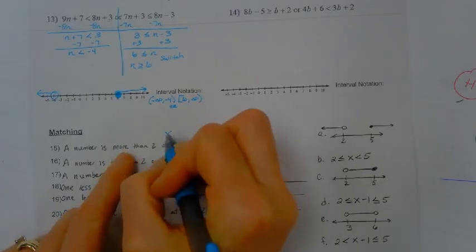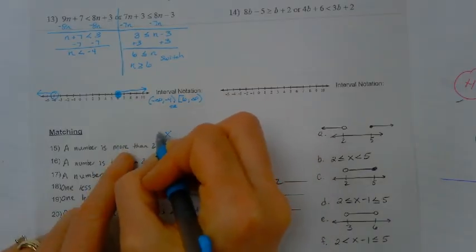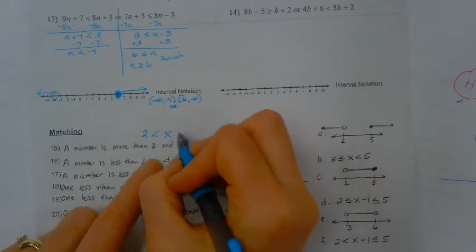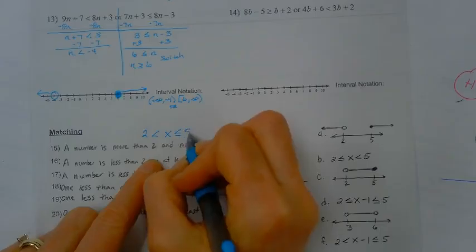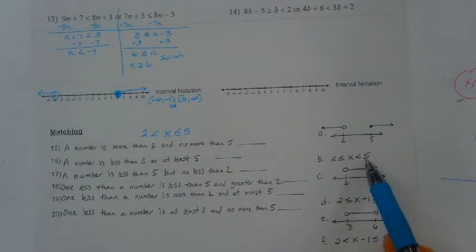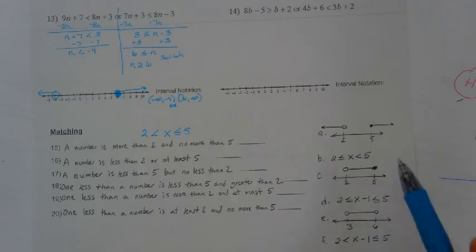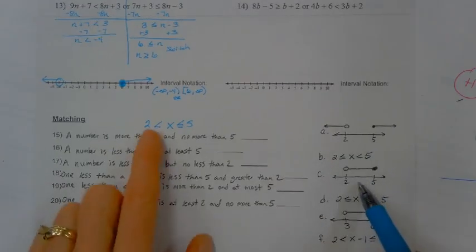It's more than 2 and no more than 5, so it's less than or equal to 5. Oh, no, it doesn't match that one. It doesn't match that one. It doesn't match that one, but it matches this graph right here. x is greater than 2, but less than or equal to 5, so this is C.